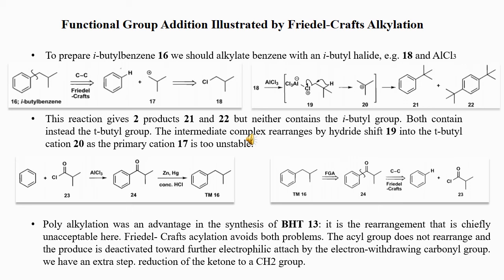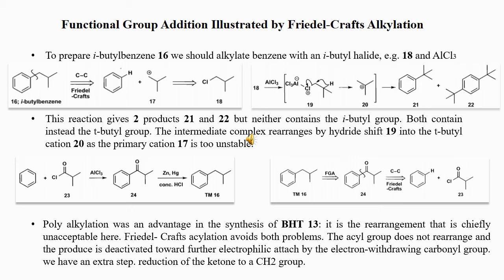Alkyl halide and aluminum chloride: in the presence of aluminum chloride, alkyl halide can do the electrophilic substitution on benzene. This is electrophilic substitution, or you can say the Friedel-Crafts alkylation.